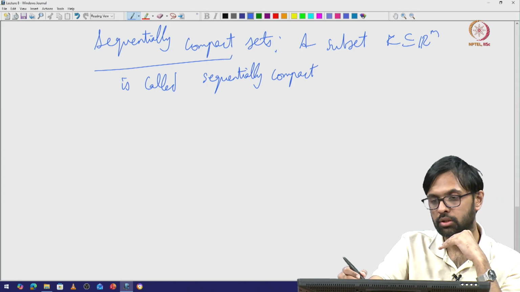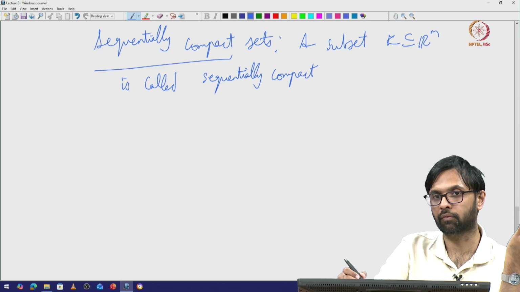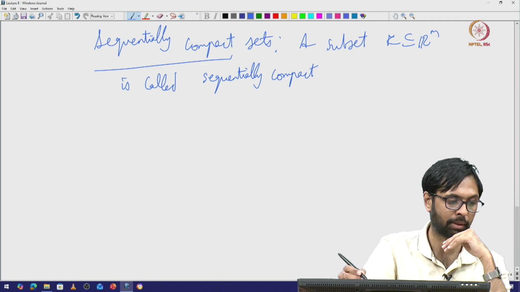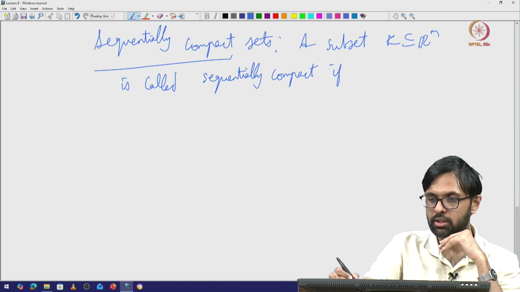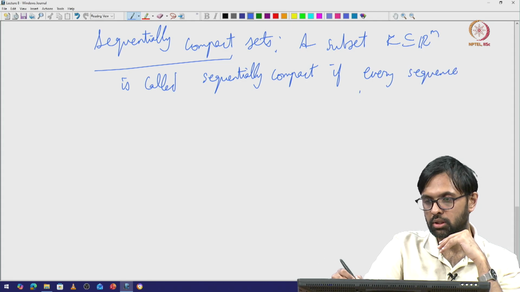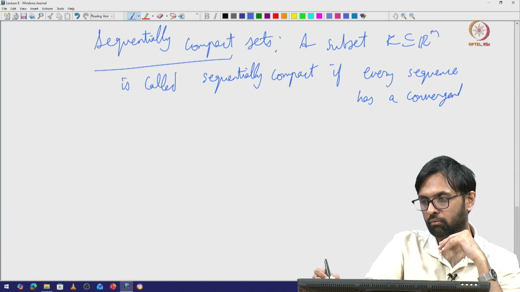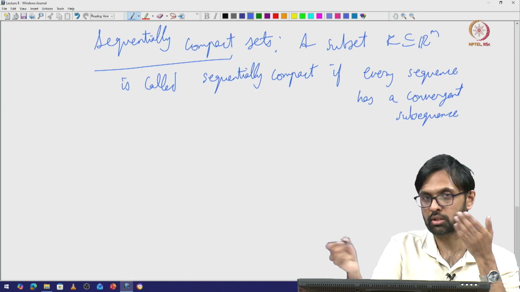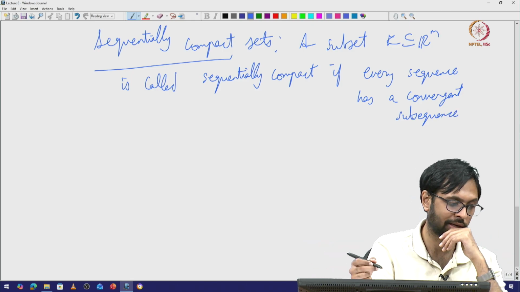So I'll just say sometimes compact subset of Rn. What I really mean is sequentially compact, if every sequence has a convergent subsequence. What's a subsequence? It's a sequence in its own right, but it's a subset of the original sequence, right?